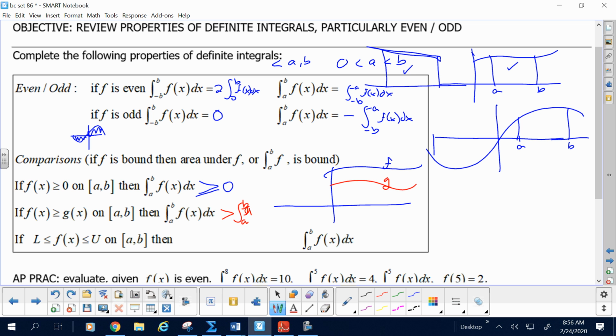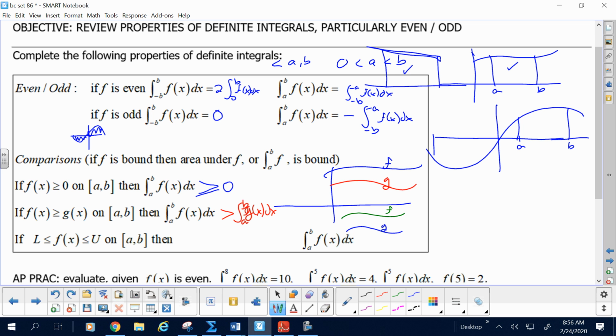In other words, I could integrate each piece. Now you might think, well, what if these were negatives? So here's f. It's got to be above g. Would this still hold true? Would the area for f still be greater than the area for g? Why?